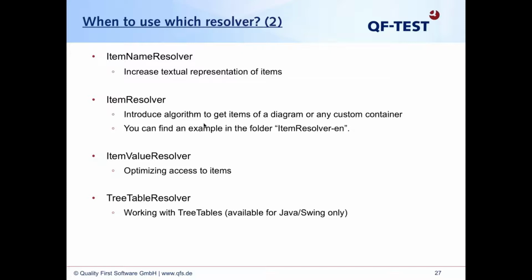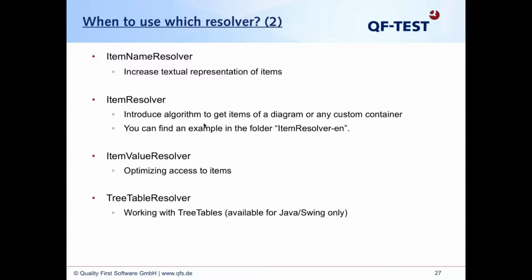Then there is an ItemResolver itself. So this is used if it's not that clear to QFTest what are items of another component. So for a table, it's already coded in. The cells inside a table are part of the table component. But if you, let's say, have some board on which you can put some boxes with lines in between, and in those boxes, like in a mind map, you write something, and then you want to say, okay, every box is an item of the complete mind map.